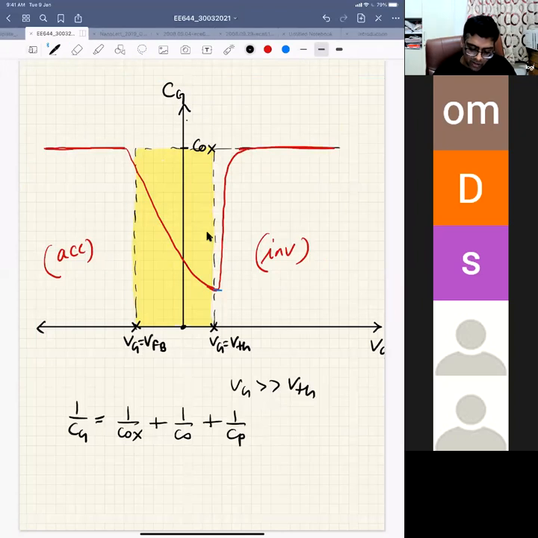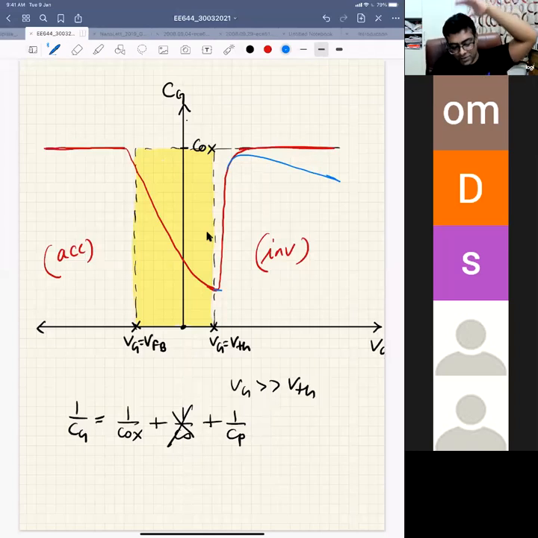Your CS will be very high, so 1 by CS will be 0, but there will be 1 by CP coming into the picture. So at very high gate voltage, you will see something like this. Because your CP is reducing, your CG will be pulled down, and this effect is because of the poly depletion effect.